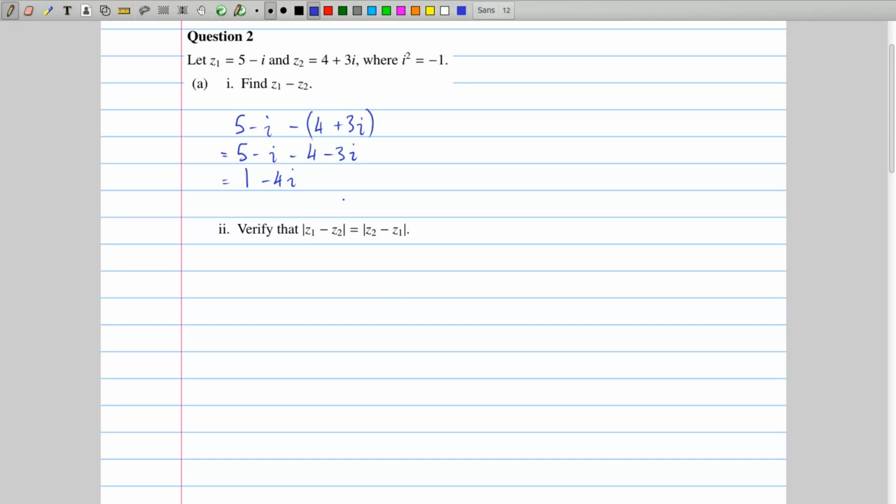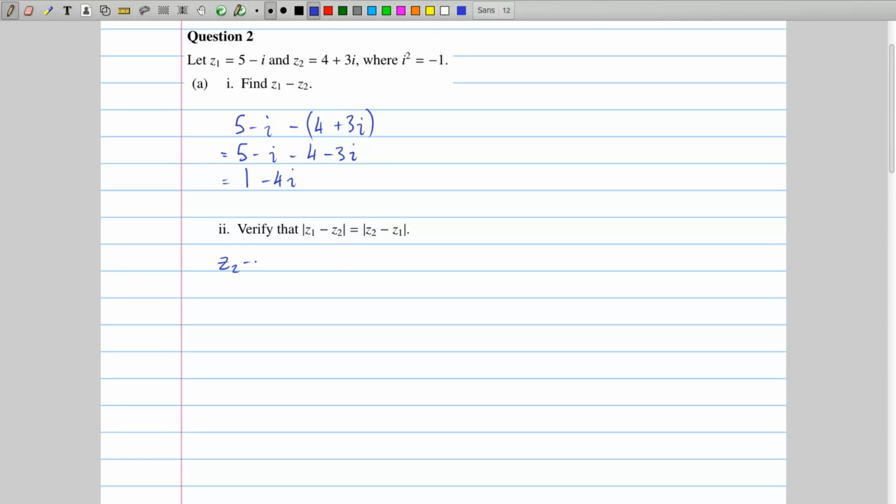We are then asked to verify that the modulus of this 1 minus 4i that we just worked out is the same as the modulus if we reverse the order of that arithmetic. Now, given that we have z1 minus z2 from the first part, I'm going to work on z2 minus z1 first.